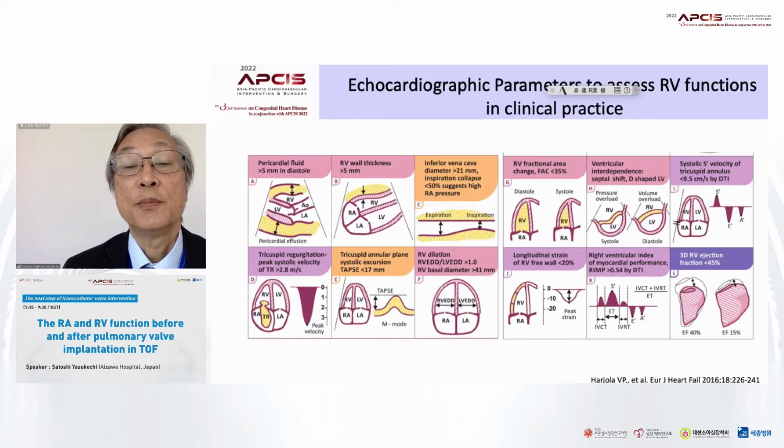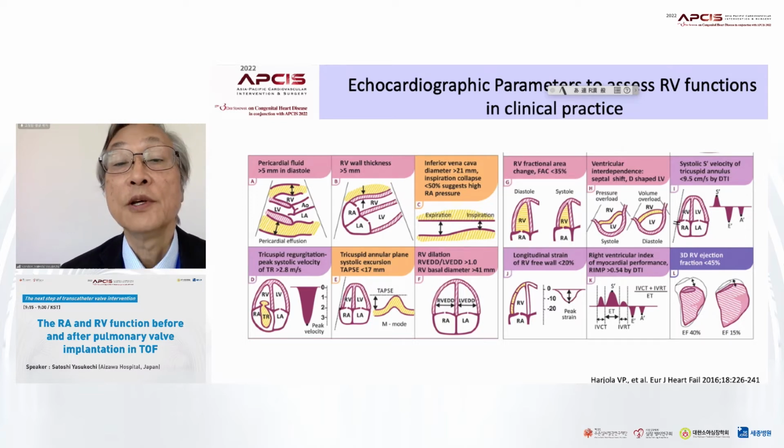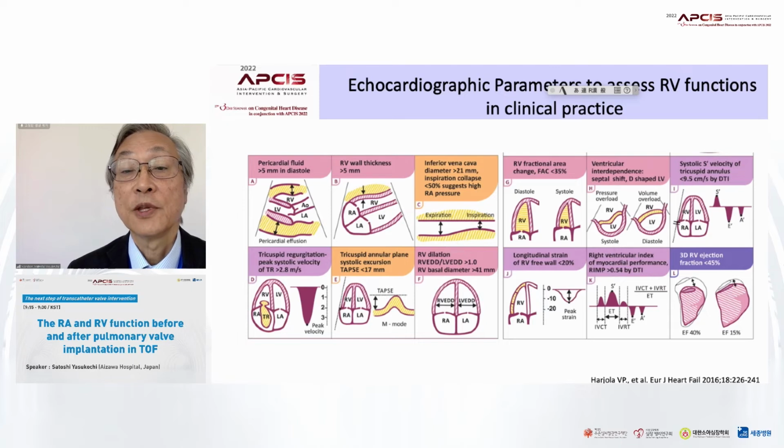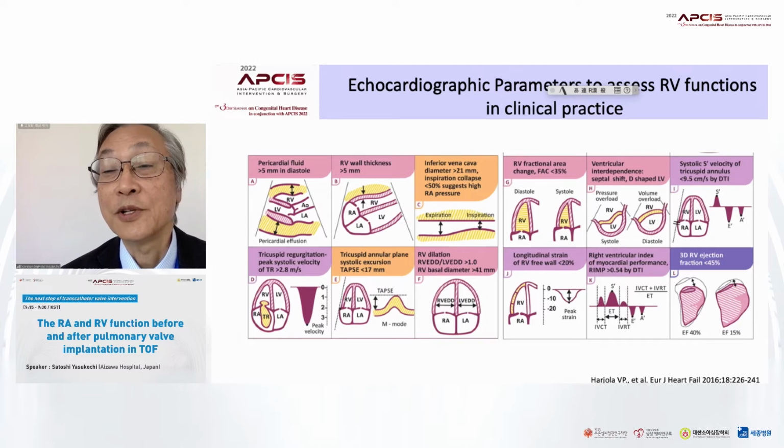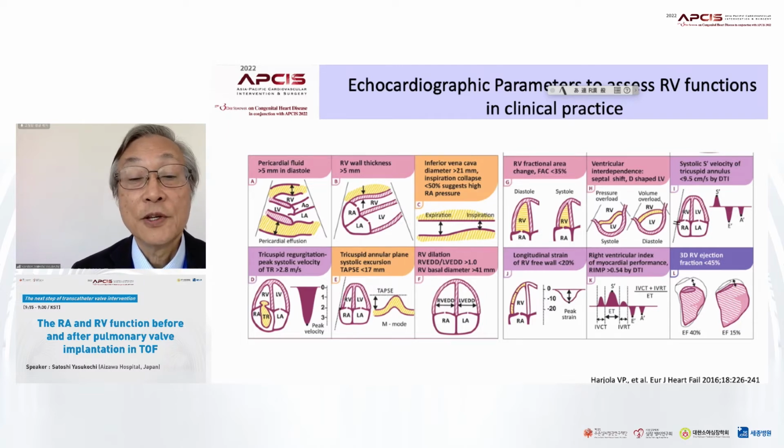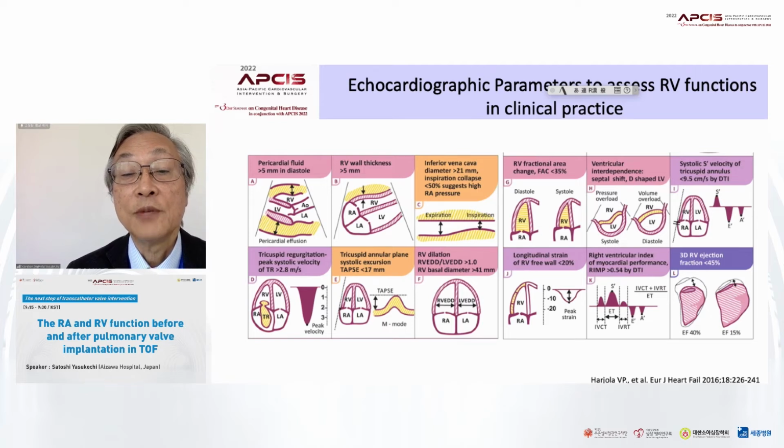This is the clinical practice basis for the echo assessment of right ventricular function: RV wall thickness, IVC diameter with or without respiratory changes, RV fractional area change, interventricular septal shift, tissue Doppler systolic S prime velocity, and longitudinal strain of the RV free wall.